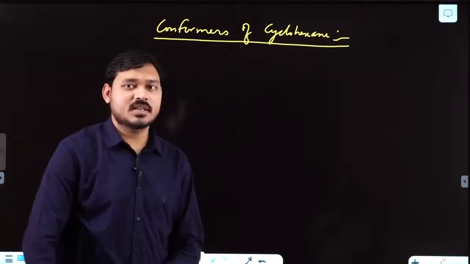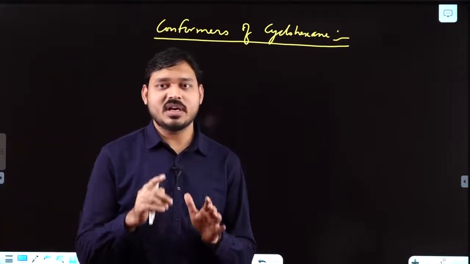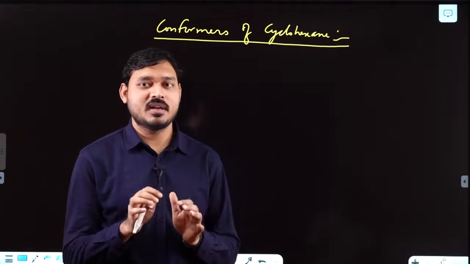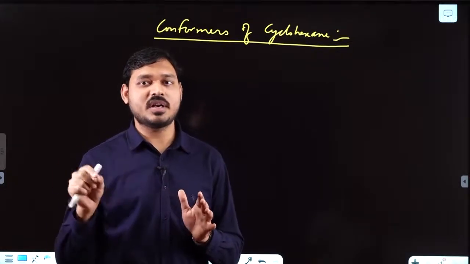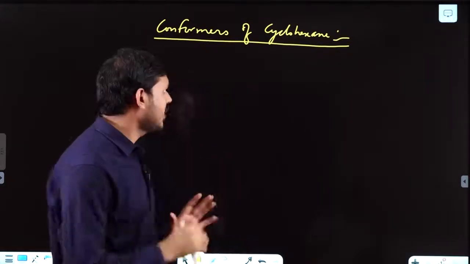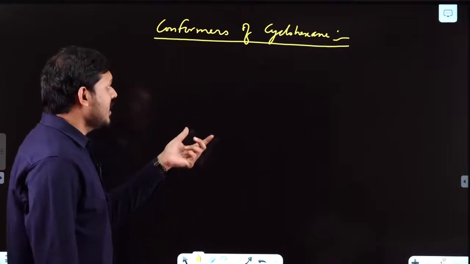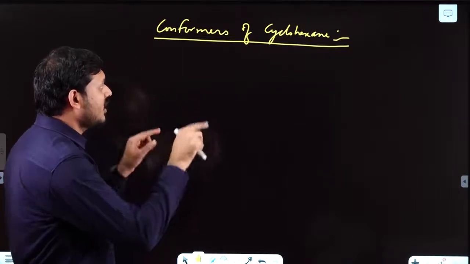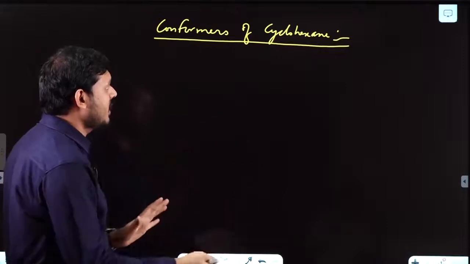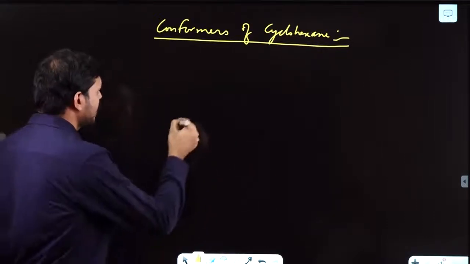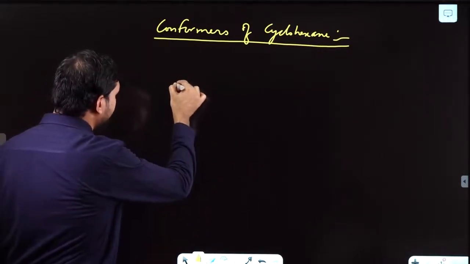As we have already discussed, it is not possible to rotate a single bond in a ring, right? A single bond cannot be rotated, but we can observe here that cyclohexane is not in a rigid form, and is totally different from what is expected. So let's study the chair form.